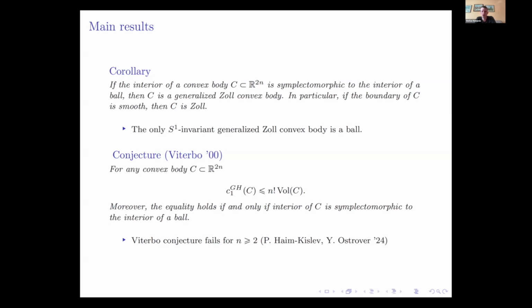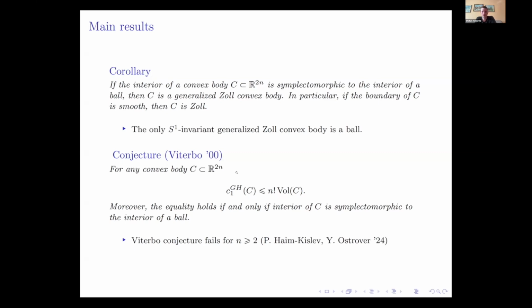That the Viterbo conjecture fails was shown by Haim-Kislev and Ostrover. But then regarding the previous corollary, we see that generalized Zoll convex bodies are natural to study in the sense of this Viterbo conjecture, at least in the second part.